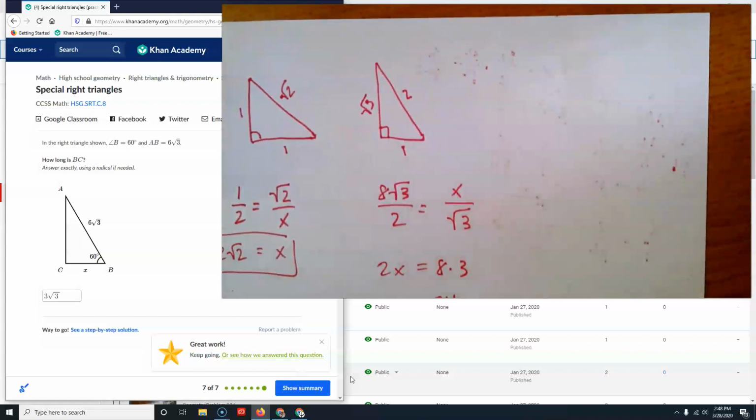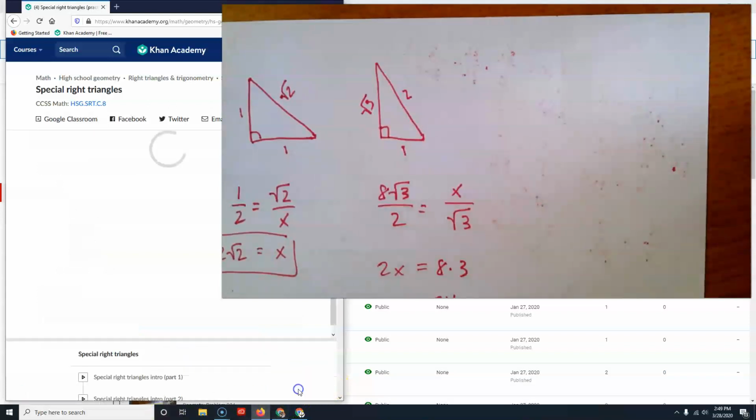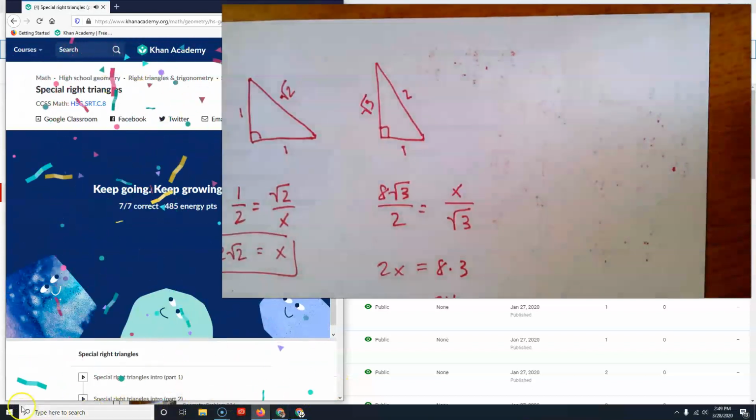And anything else? Well, you may not always have to cross multiply. We saw some examples where we didn't actually have to go through all the extra work. And it looks like Khan Academy will accept answers that are not in that ideal form, as long as they're correct. Okay. All right, there we go.